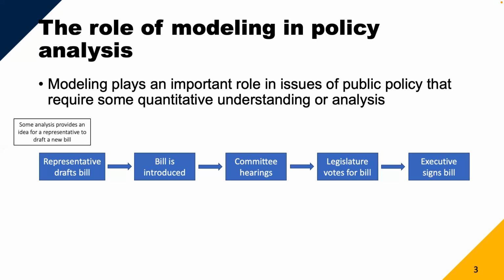Some analysis provides an idea for representatives to draft new bills. So if someone publishes some paper that becomes well-known and points out this big problem, a legislative staff could pick it up and say, hey, this is something that we should look at. This has happened before. I'm trying to think of examples, but they're not coming immediately to my head.